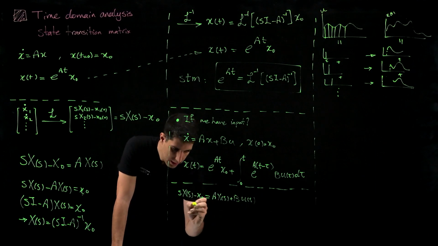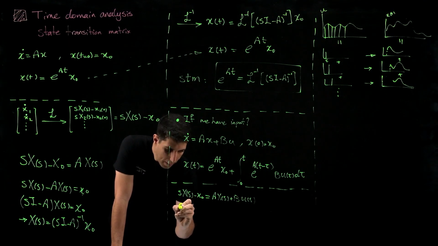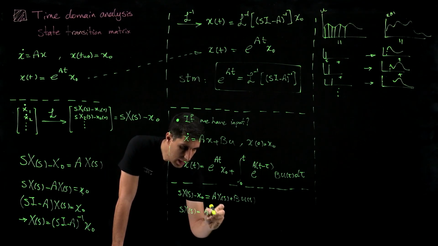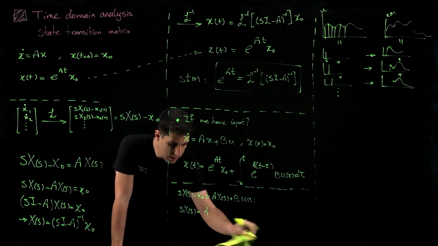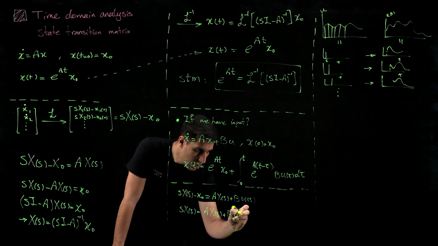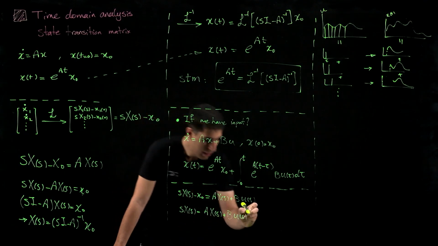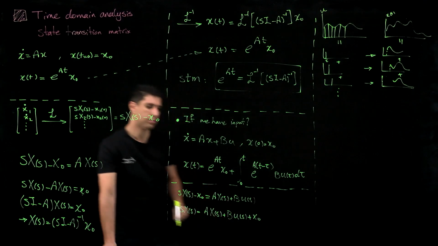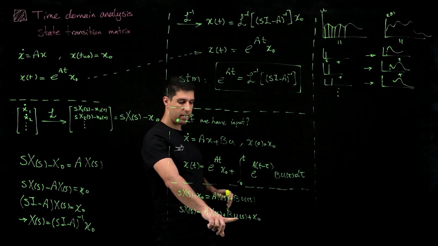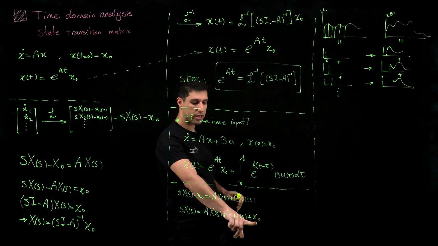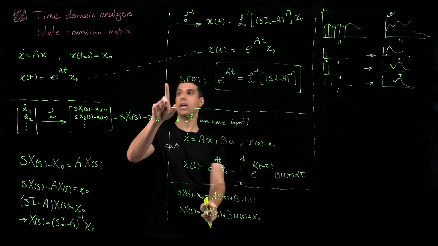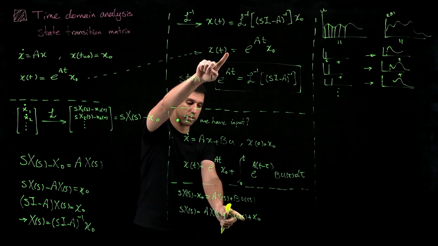And I can bring this to the other side, so s x of s equals a x of s plus b u of s plus x naught. So if I have x naught and no input, I get the response that looks like this, the natural response.